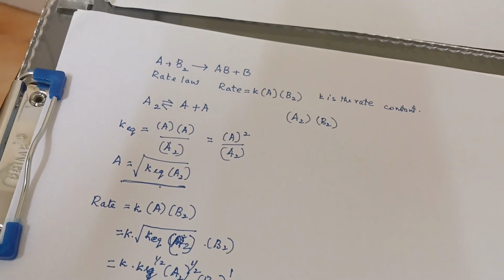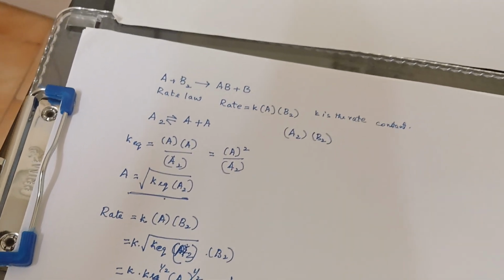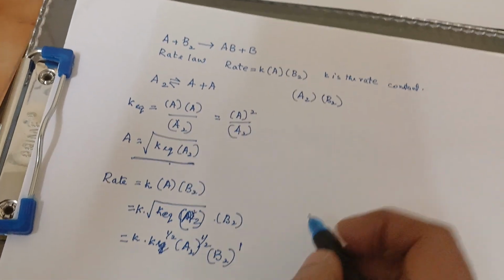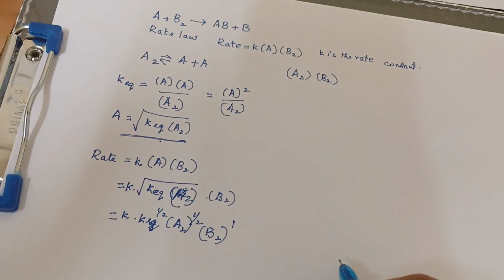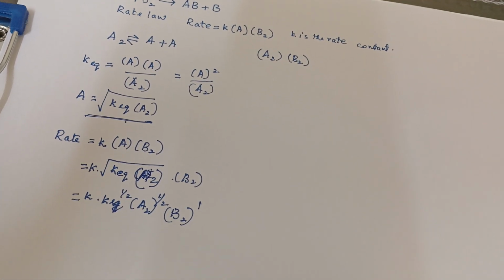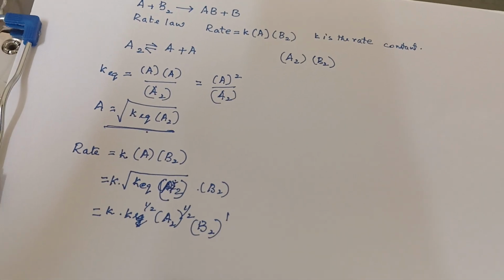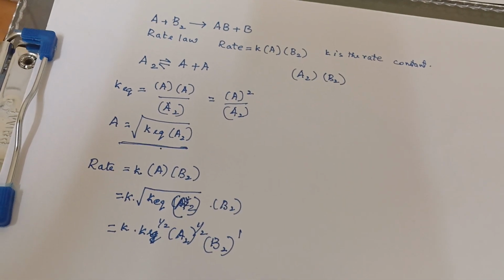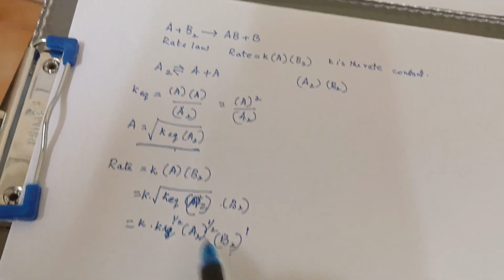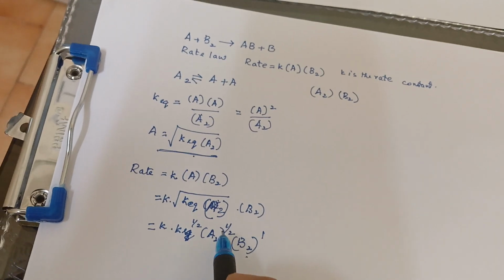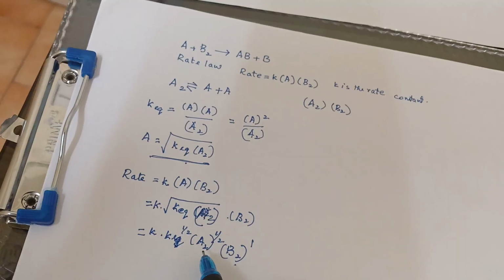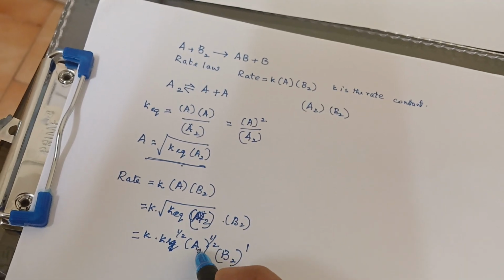Now the overall order, how will you find the overall order? Overall order is the sum of the exponents of the reactant concentrations in the overall rate law. So this is the overall rate law. So we need to find the sum of the exponents of the concentrations of the reactants A2 and B2.